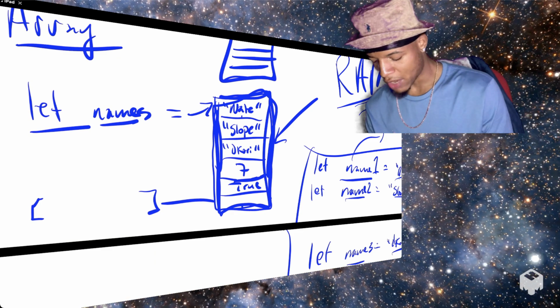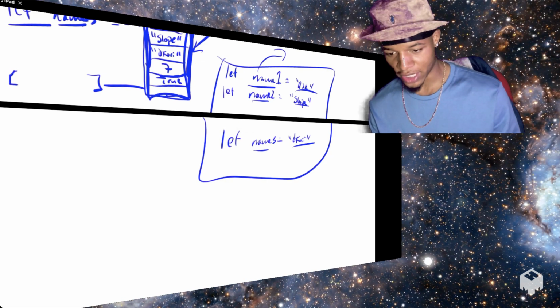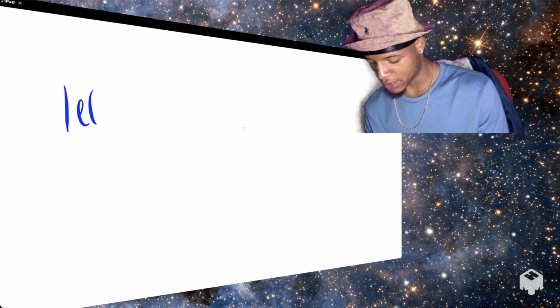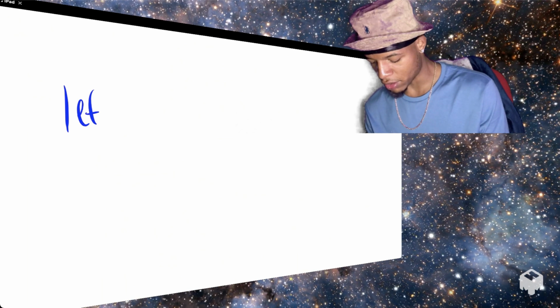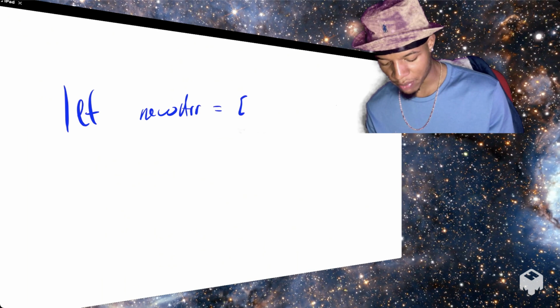And so we declared an array. How do we declare an array in JavaScript using that syntax? We go let, and we say, let's call this new array, and you use the square bracket operator.